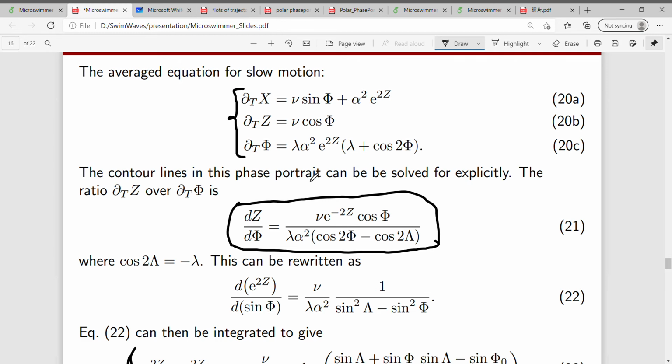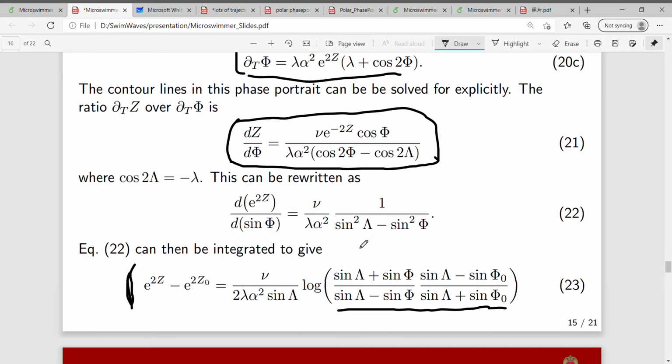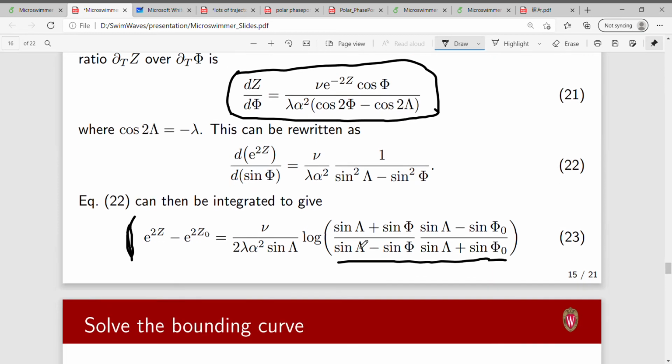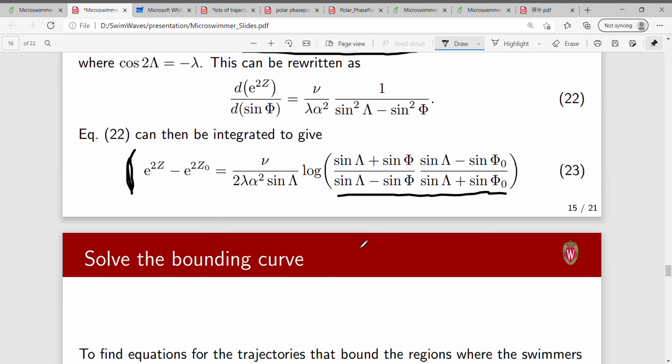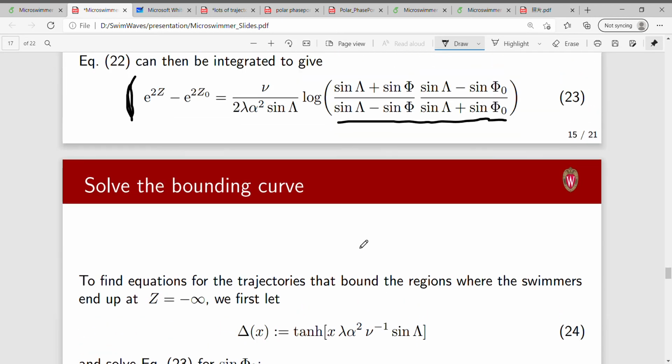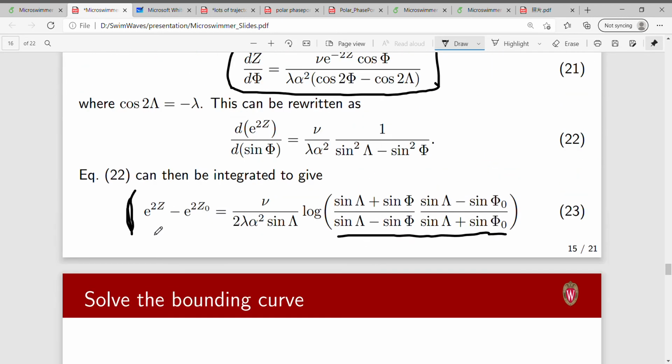We divide this equation by this equation. Okay, so dz over d phi will be this, and we do some substitution. Very surprisingly, we can actually solve it. Okay, we solve the boundary curve, and the expression looks something like this.